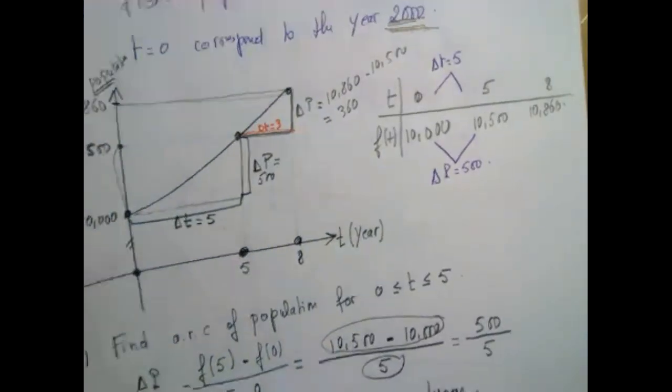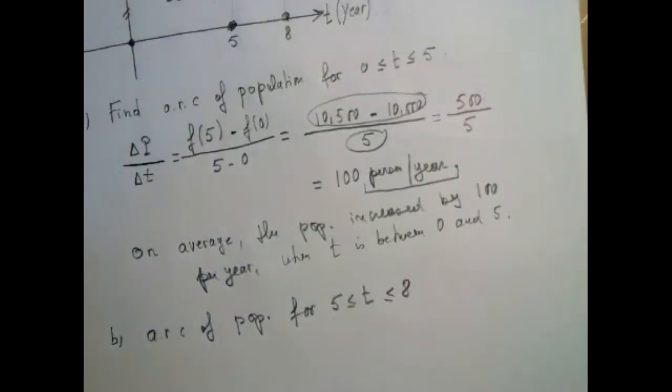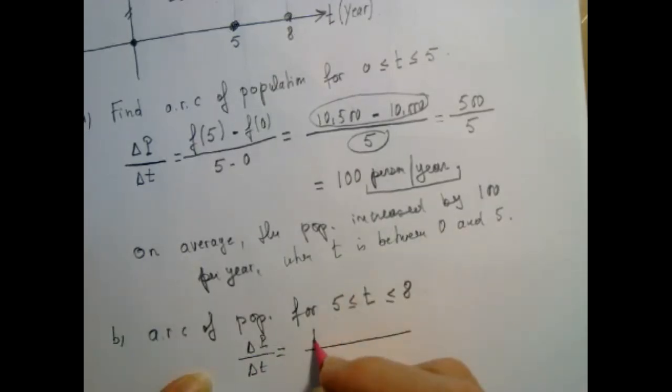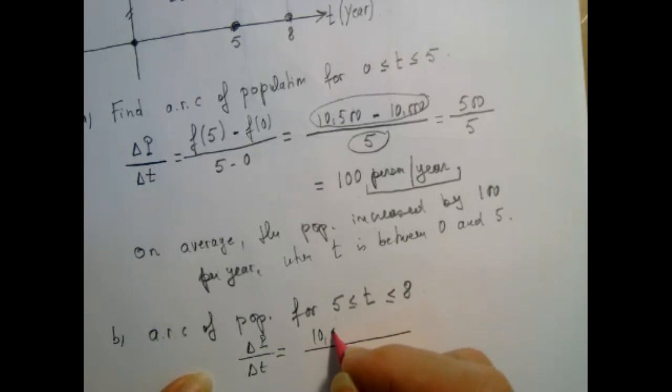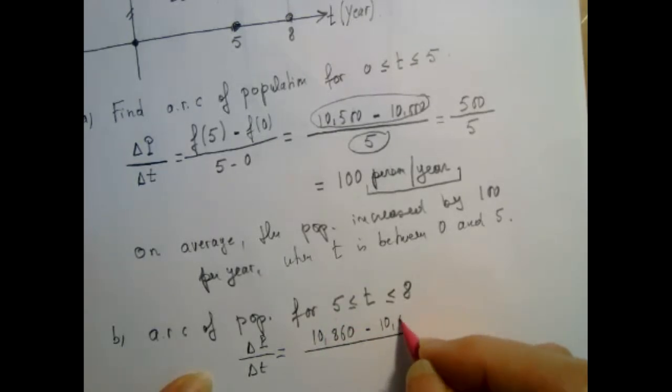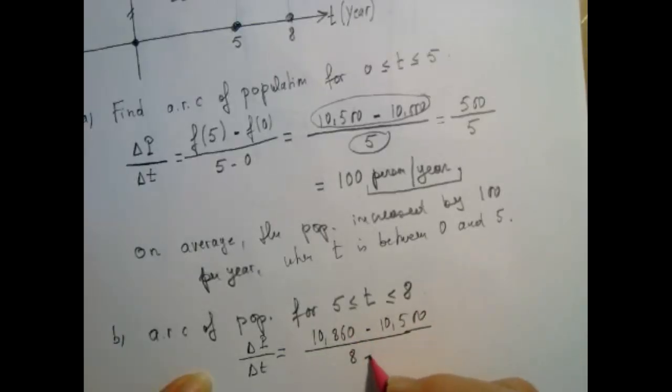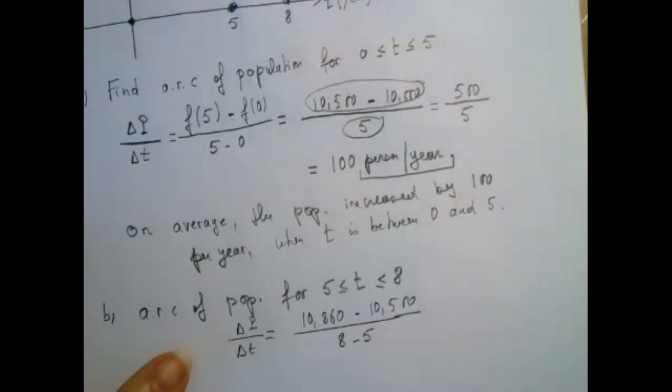So what's the average rate of change? The average rate of change is, as we did, the population at 8 minus the population after 5 years, divided by 8 minus 5.